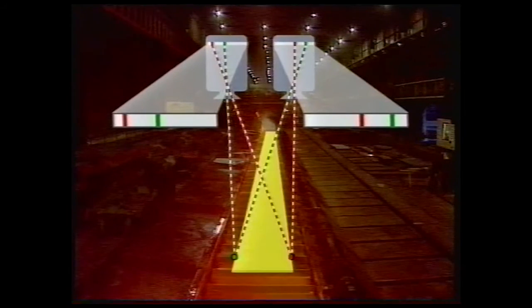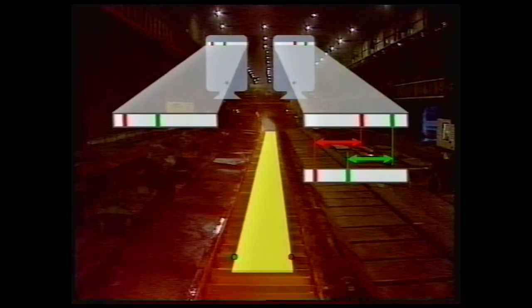This suffices to reconstruct their three-dimensional position if the camera positions are known, as shown. Actually, what matters are the differences in the edge positions, the so-called disparities. Being able to calculate the three-dimensional edge positions allows us to calculate the plate's width irrespective of warping or bending.